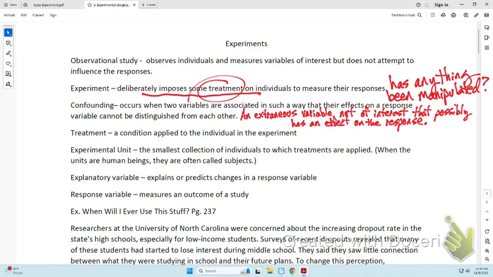it's not controlled. Treatment, this is what is given to the individuals or objects. Some kind of condition applied. So this is a pretty generic definition here, but some kind of condition that you give.